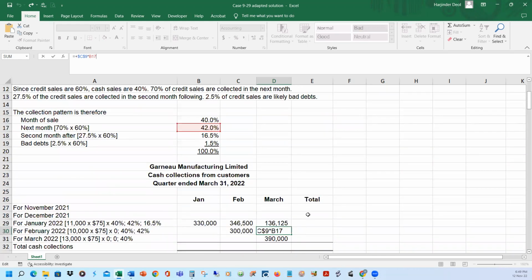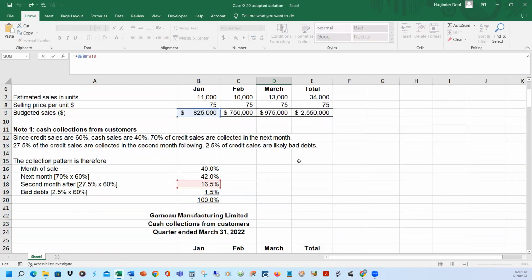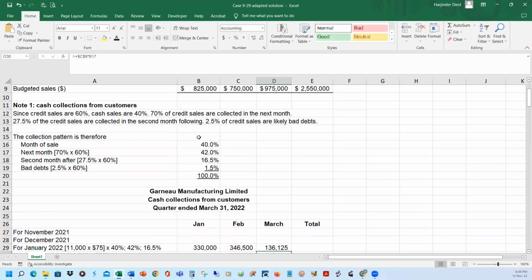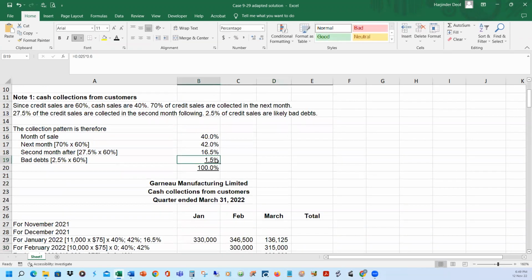And then thirdly, in the month of March, we collect 16.5% of the sales that took place in January. The remaining 1.5% don't get collected, and that's bad debt expense.